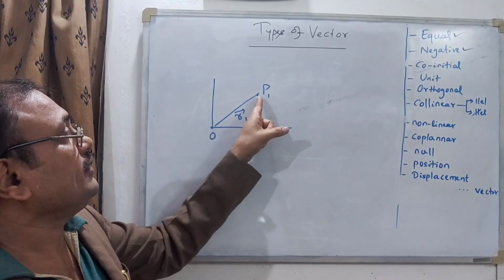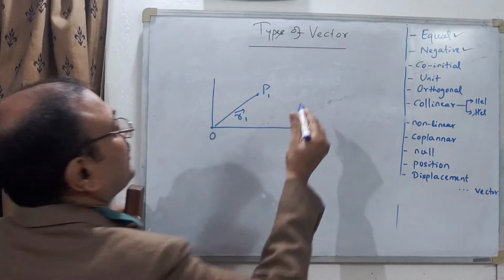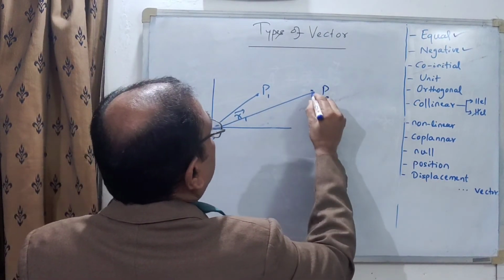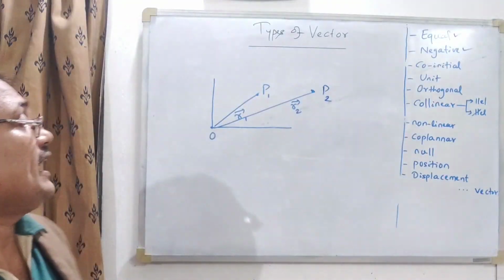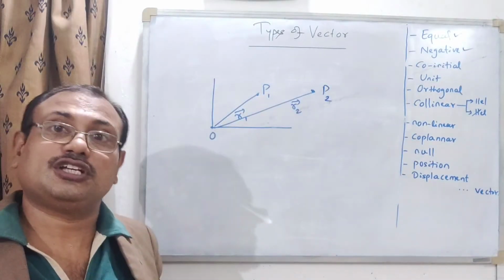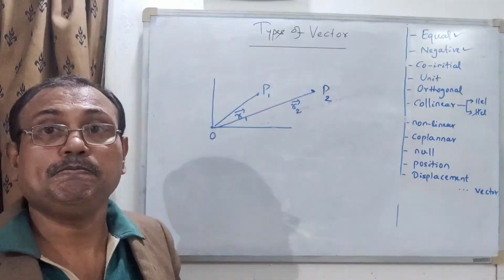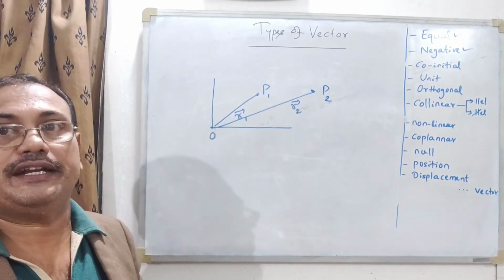Similarly, if the particle which is lying at P1 is displaced to another point, let us say P2, then I can draw another vector R2. R2, being the final position, is the final position vector.